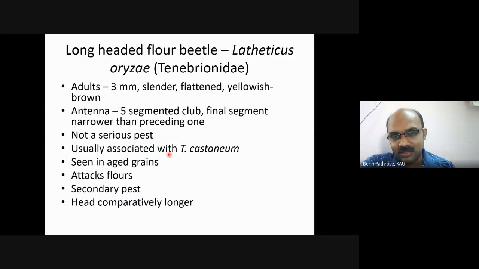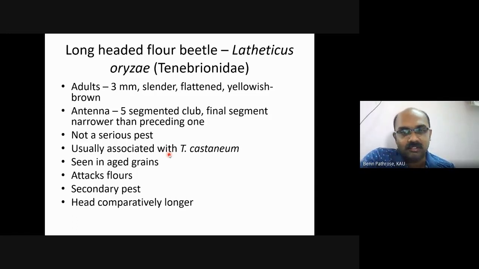This is very common nowadays whenever we see a tribolium infestation. Sometimes you can see a similar-sized, similarly colored, similarly shaped insect, but it will be smaller than tribolium. Tribolium was about 4.5 mm in size, but Latheticus is 3 mm in length, slightly smaller.